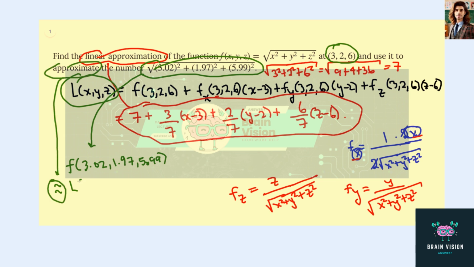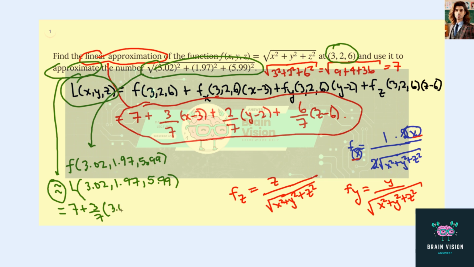So this is approximately L of 3.02, 1.97, 5.99, and this will be easier to compute because the formula for L is simpler, especially with these decimals.